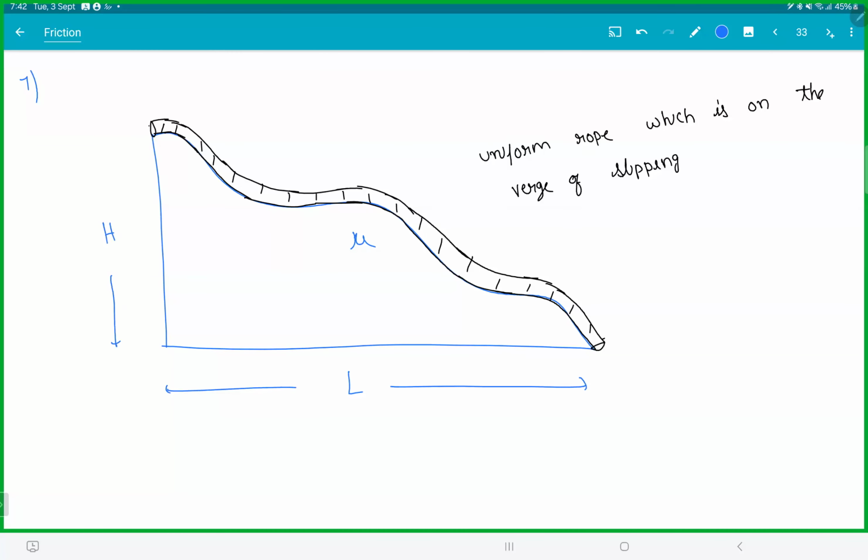Do you guys remember we did something like this for tension? Does anyone remember the result? T1 minus T2 is lambda g into delta h, the difference in height. Let's get this. So you kept the rope on some weird surface, height H, length L, and this rope is about to slip.